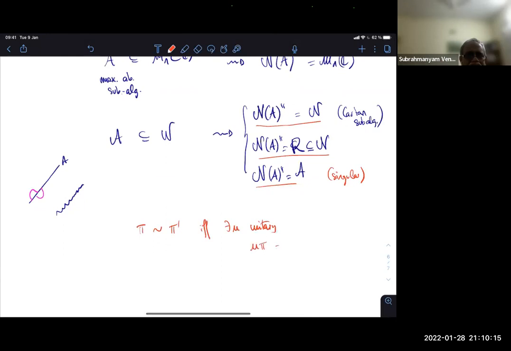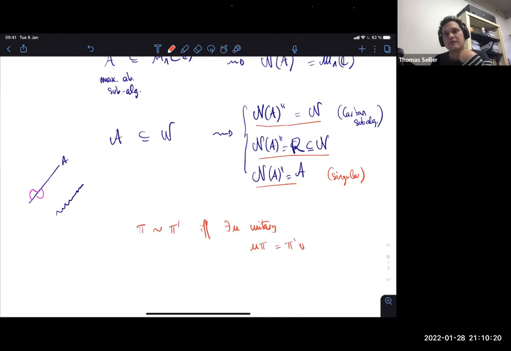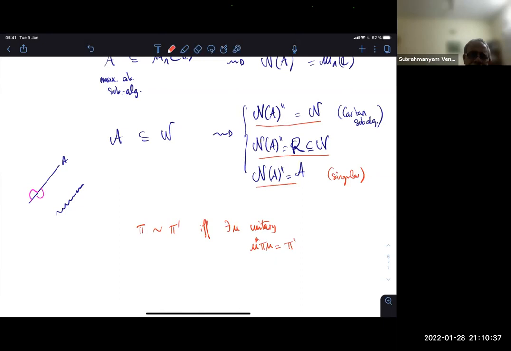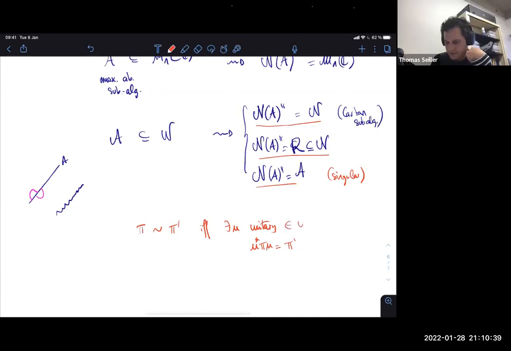U pi equals pi prime U, something like this, right? Or let's do it like this: U star U equals pi. So you can say that two projections are equivalent if you find an isomorphism between them, right? And so this notion of equivalence depends on the algebra.